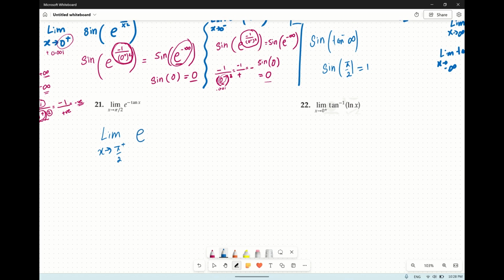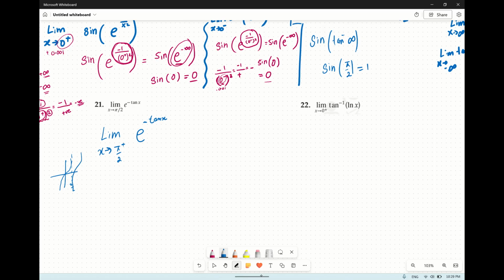Now I know that the tan has an asymptote at pi over 2. Now since it is from the right, are we going to positive infinity or negative infinity?